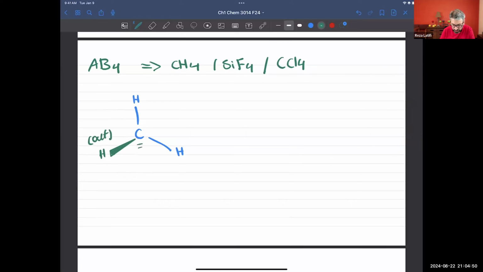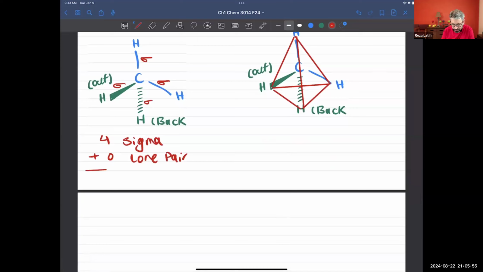Before you add the sigma plus lone pair, be aware of electron geometry. What's electron geometry? It's a geometry based on the number of pairs around the central atom. We don't care about the atoms. If this is 1, 2, 3, then I have 3 pairs. How many atoms I have will give the molecular geometry. Here I have 4 pairs, so it will be tetrahedral.